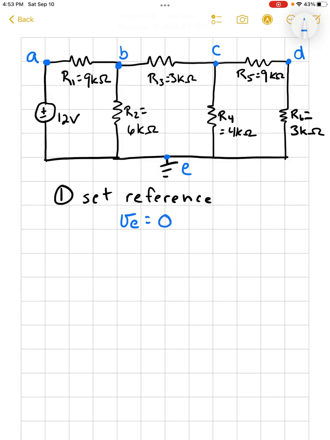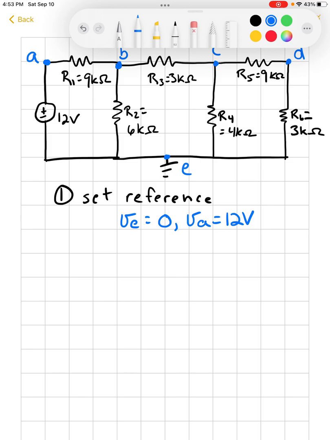But we also know that node A is at the top of the 12-volt source, so it has to be 12 volts higher than node E. So node A is equal to 12 volts. Now we've only got 3 nodes that we don't know the voltages of.